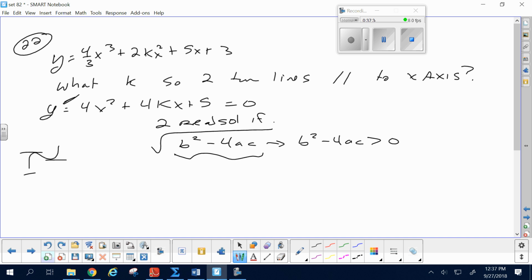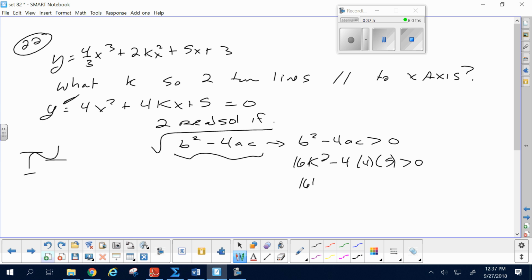And so if b is, is it 4 or k or 4k? 4k. So b squared then is 16k squared minus 4, a is 4, c is 5. That radical, or the discriminant, must be greater than 0.